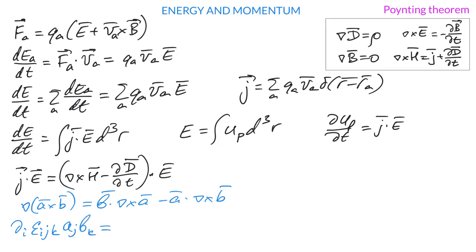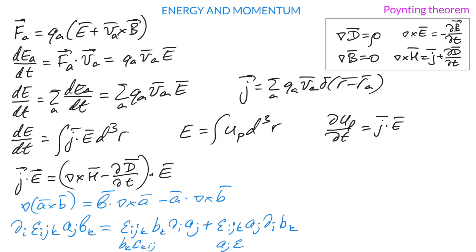Using the product rule for the derivative, we have epsilon_ijk b_k d_i a_j plus epsilon_ijk a_j d_i b_k. In the first term, we can do the cyclic permutation for the indices of the epsilon. And in the second term, we're going to have epsilon_jki.